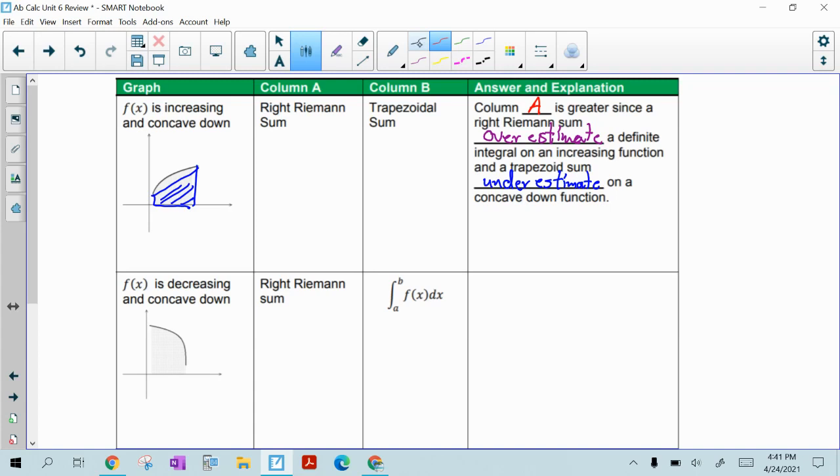This time I'm looking at a right Riemann sum, and that's going to be something like this. That's definitely going to underestimate. I'm probably going to underestimate it big time.